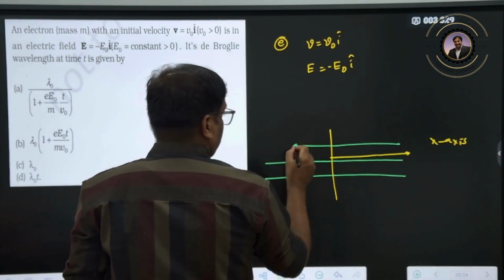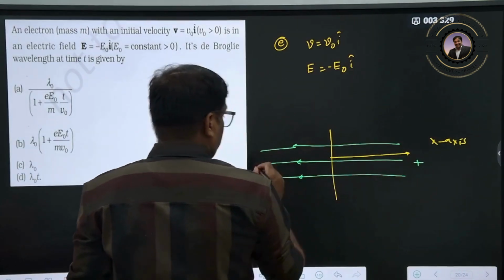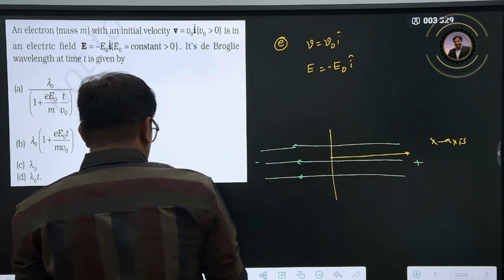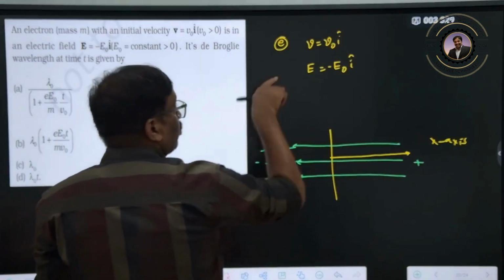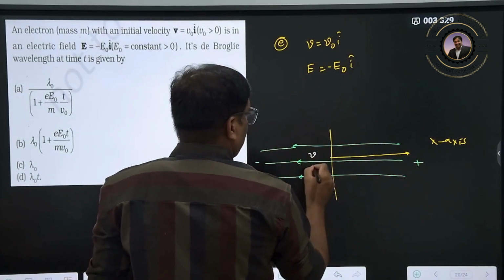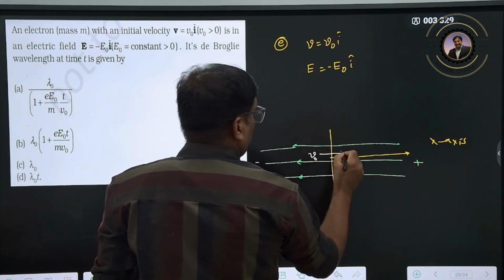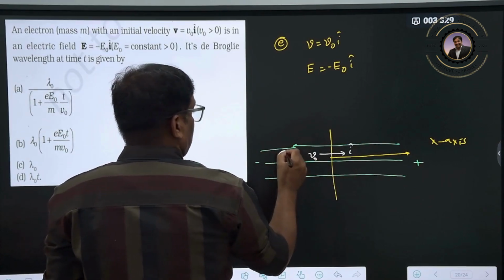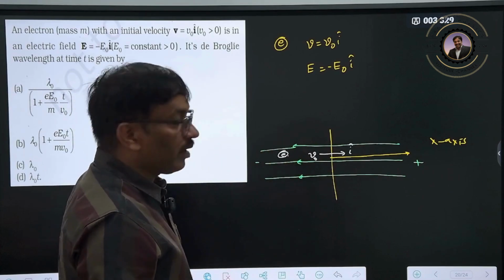This side is positive, this side is negative. The velocity is in the positive direction, so the electron with velocity v naught goes in this direction.